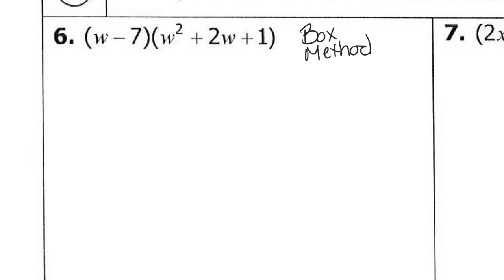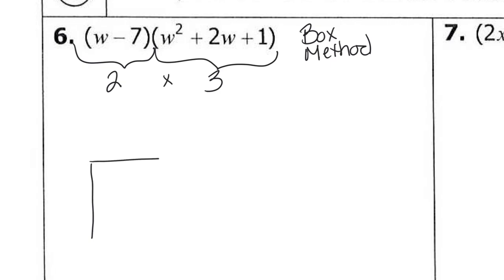So if we look here, this has 2 terms in it. And if we look at our second set of parentheses, it has 3 terms in it. So I'm going to build a box that is 2 units high by 3 units wide.